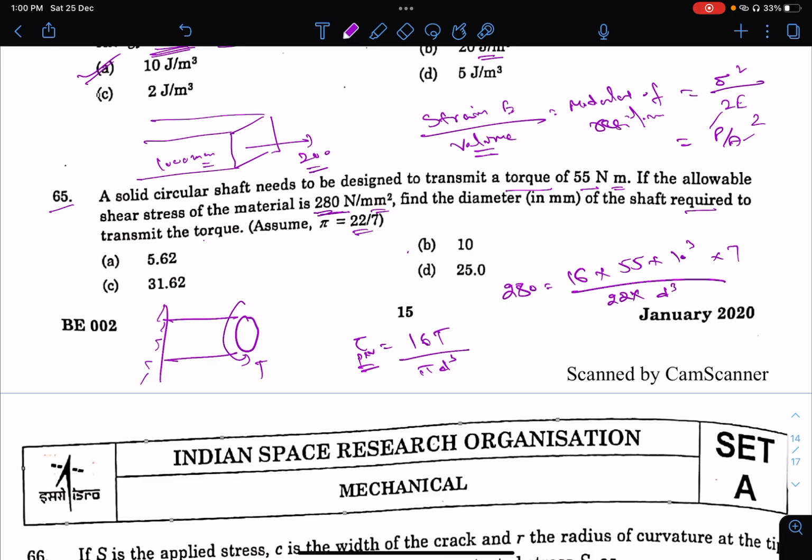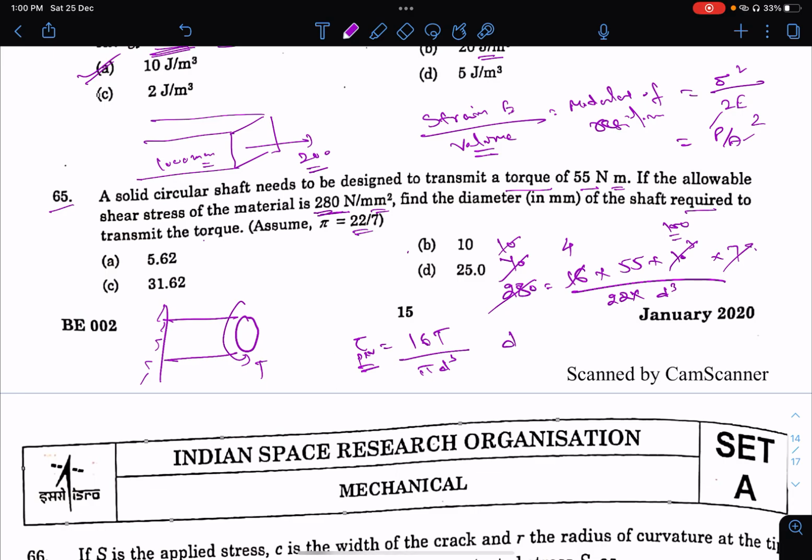So this will cut out 40, and this will become 10, this will become 4, and again it will become 100.